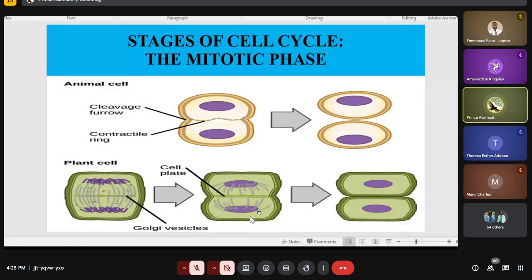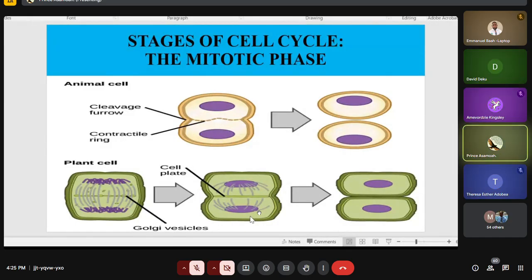Okay. So now we have looked at the cell. Yes, Mr. David. Sir, in the second phase, the mitosis phase, are we saying that the cells divide into two identical cells? Yes. So why two identical cells, sir?